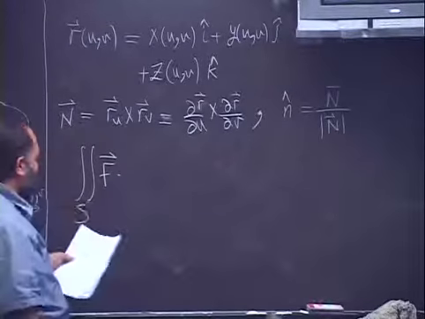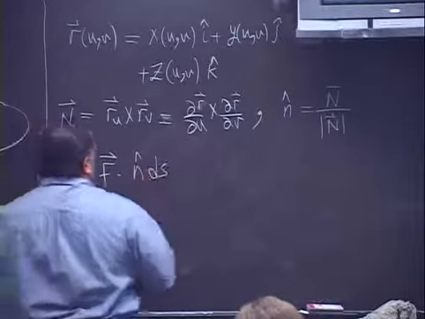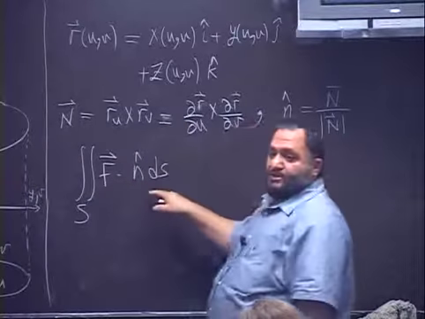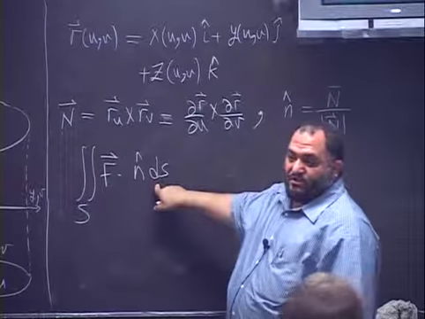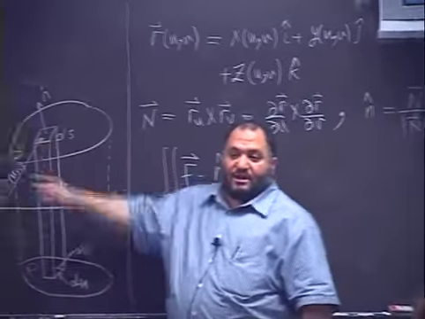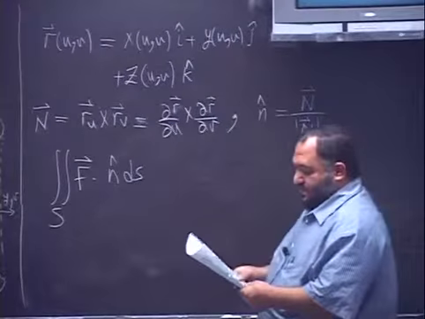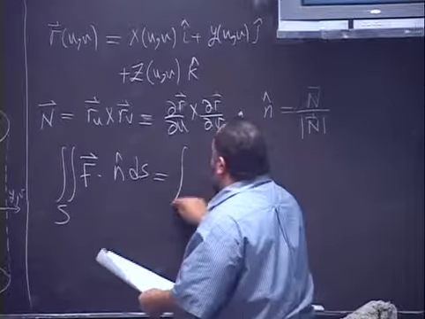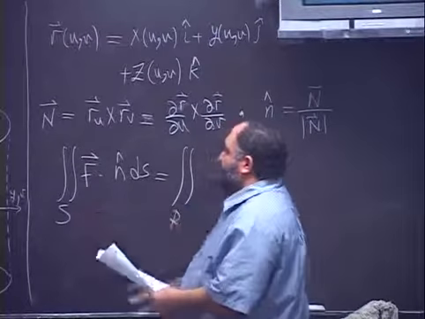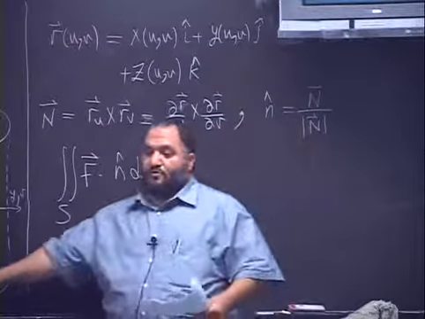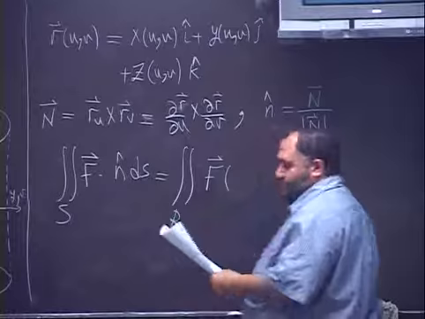So now, the final goal is to transform any integration in the form of a function evaluated on this surface, f dot n dot ds, which will be integrated over the surface. So n dot ds is just a vector representing the area differential here. All I want is to convert from integrating over the surface to a double integration over a region R. But this function is a function of what?